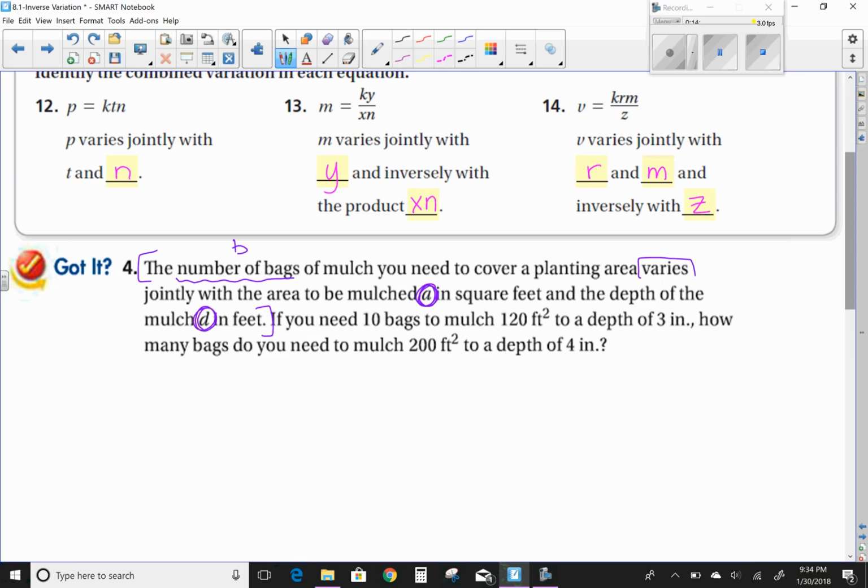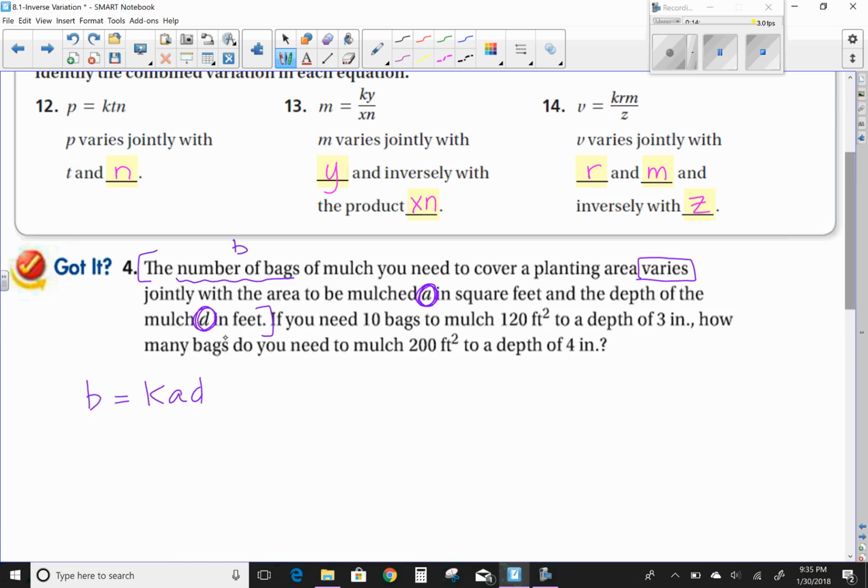So here I have the word varies. So I'm going to say B varies, always have to have a K, and it's jointly. There's no inversely, so there's nothing going to be on the bottom. So K times A, D.